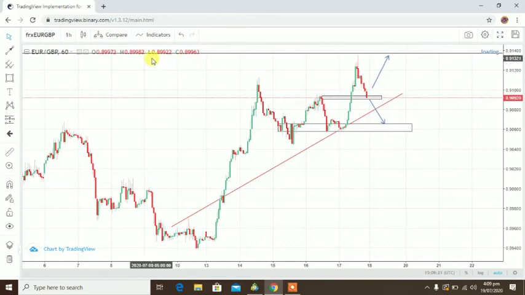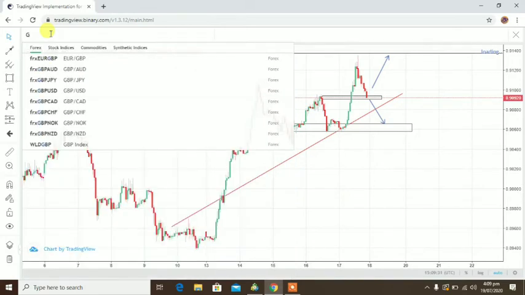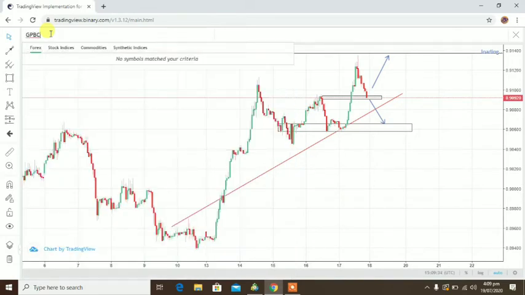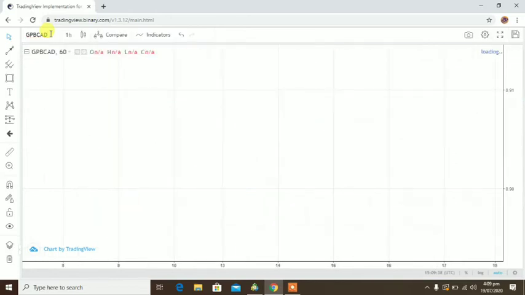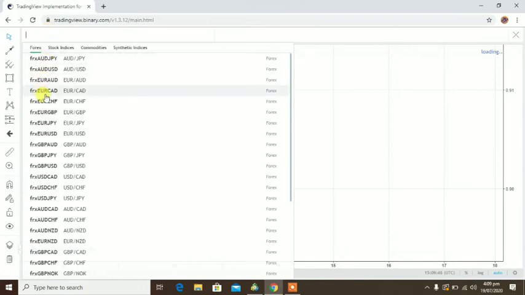So finally, we have to go to our GBP against the Canadian dollar. So we go to GBPCAD.